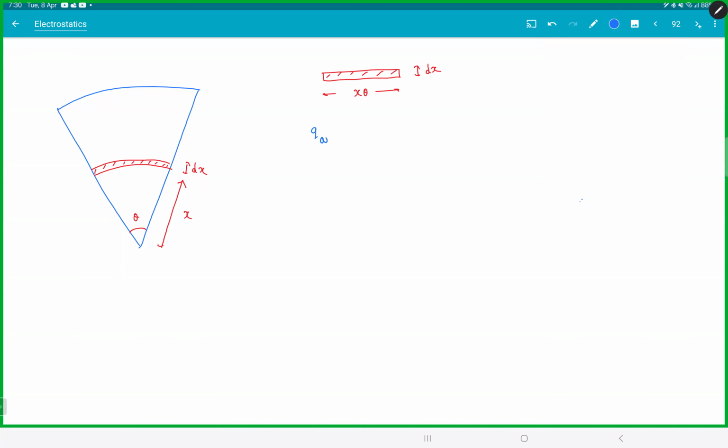So charge on that arc will be sigma into area, which will be x theta into dx, length into breadth. So potential due to this arc will be k into charge of the arc, divided by the distance x. Interestingly, you will notice that will be k sigma theta into dx.